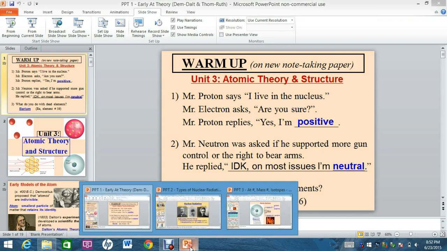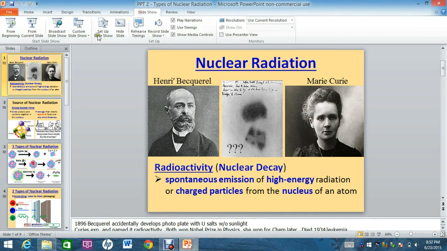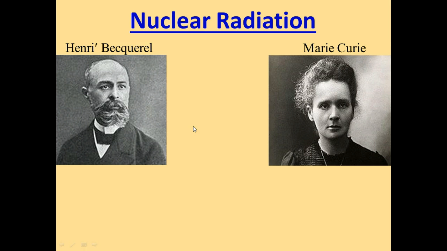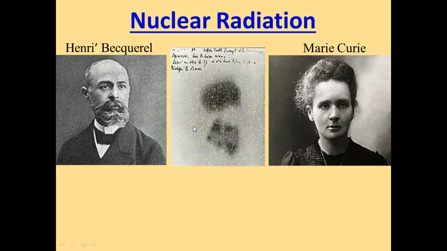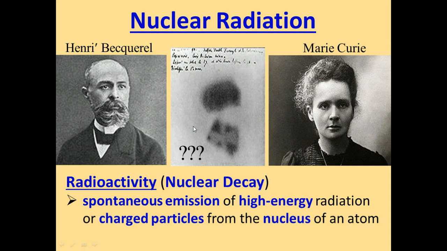And so the next slide is about the types of radiation, and there are 3 types. Before we talk about the types, radioactivity is the spontaneous emission of high energy radiation or charged particles from the nucleus of an atom.